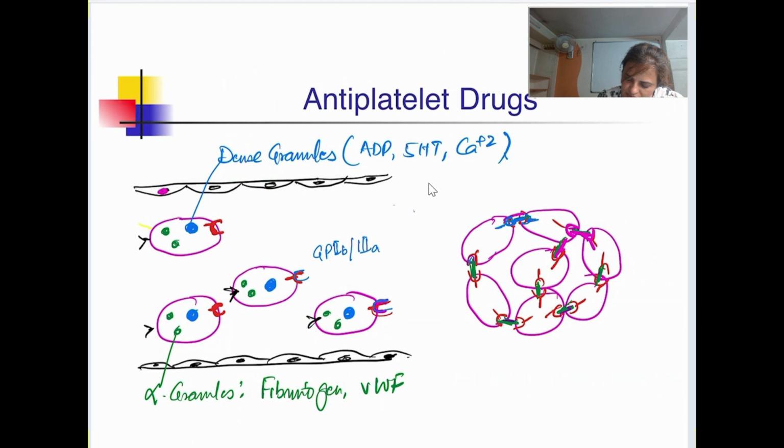So how these receptors are making a cross link between the platelet cells, and ultimately what happens, a platelet plug or thrombus is formed at the site of the injury.